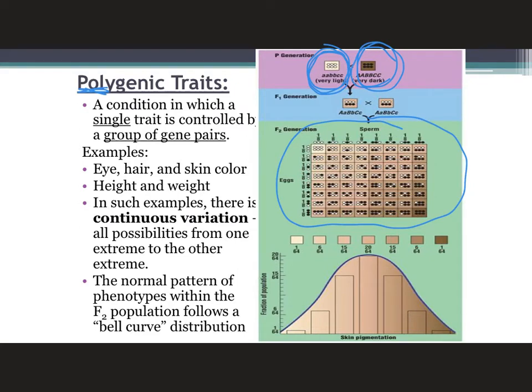I'm not going to make you do that. But you see that you end up getting a lot of different ranges, a lot of different pigments instead of just one thing or the other. So these traits in humans are not just going to be one thing or the other, but there are going to be many different possibilities to inherit from your parents.